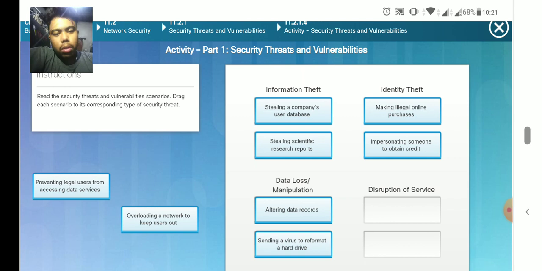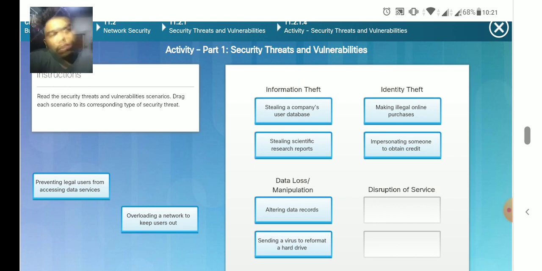So it can self-reformat, or it can be reformatted if it has a command that, if you click something, will auto-reformat your PC. It could result in data loss.